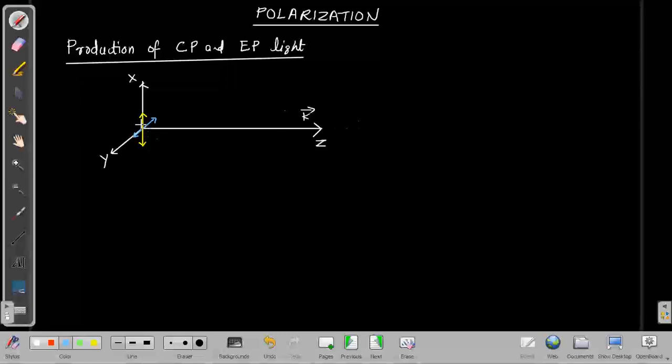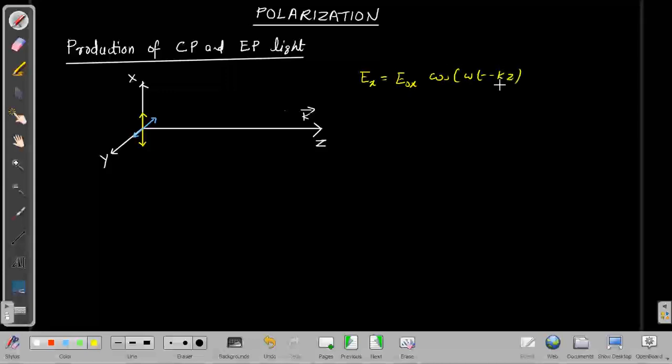While propagating, the resultant vector of the electric field may rotate.